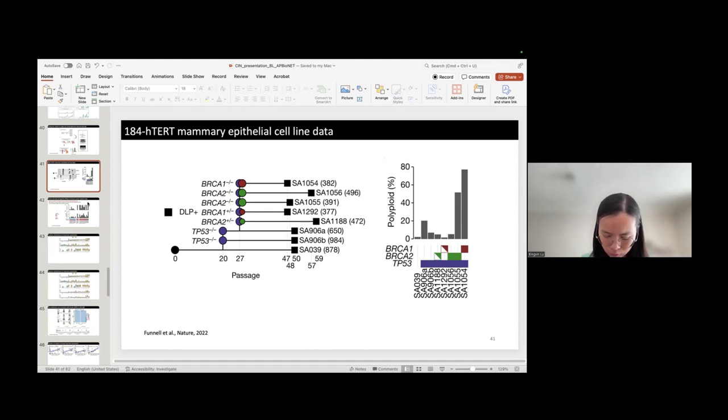And then maybe you can create a model, because it's going to be very useful for physicians to predict which patient will eventually relapse. Currently we only look at maybe one reversion mutation in BRCA that rescues the HRD phenotype, so the drug is no longer effective against these particular cancer cells.